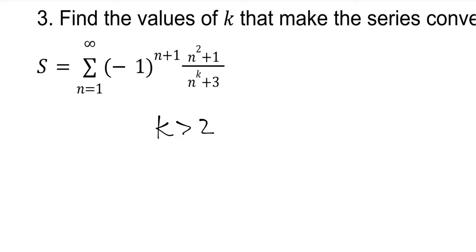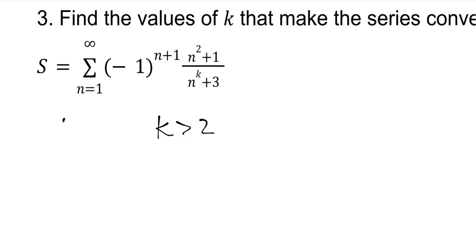Because if k was equal to 2, the terms wouldn't even be going to 0. If k is less than 2, again, terms are not even going to 0. But we also know that when we're bigger on bottom by more than 1, like if k was bigger than 3, we would go absolutely convergent.